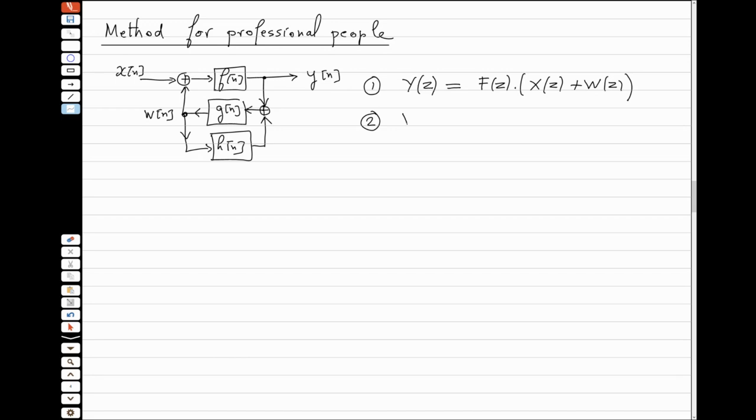You can do the same thing for w of z. G of z times y of z plus the response of this, but in the z domain is going to be h of z times w of z. And then from equation 2, you can isolate, I'm going fast, you can isolate w of z.